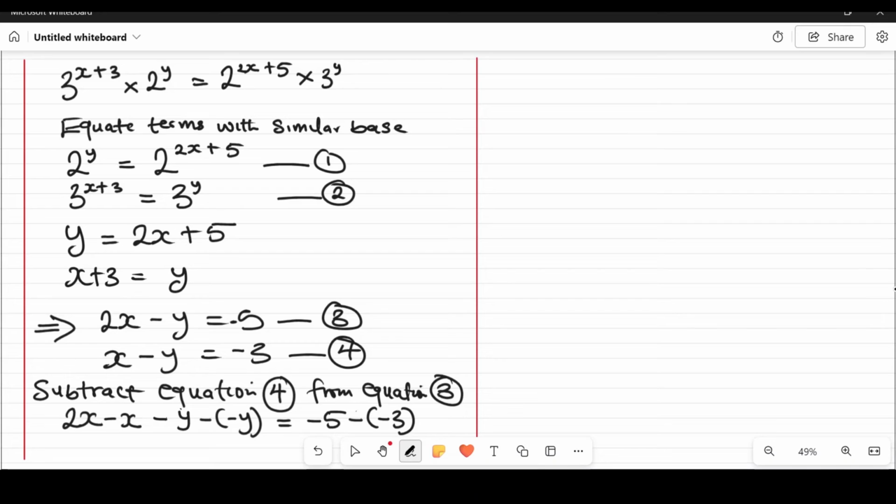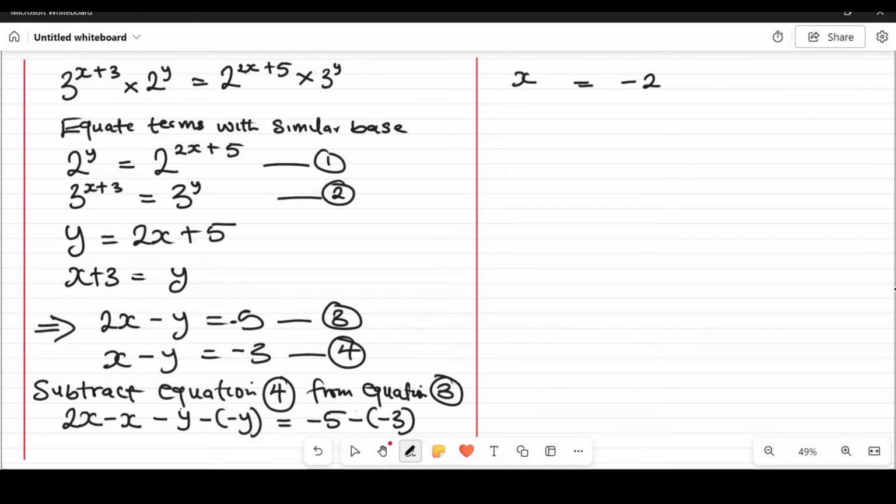If we simplify, we have x, and minus y plus y is going to give us 0, equal to minus 5 plus 3, which is going to give us minus 2. So therefore x is equal to minus 2.